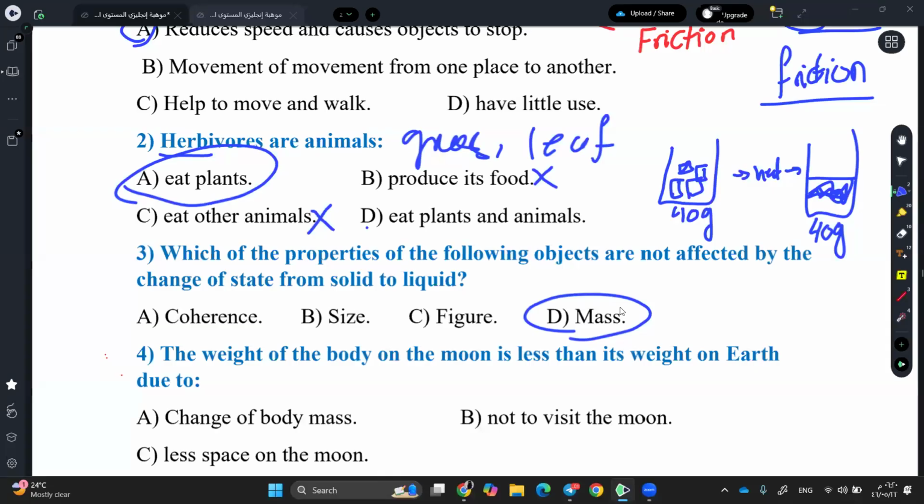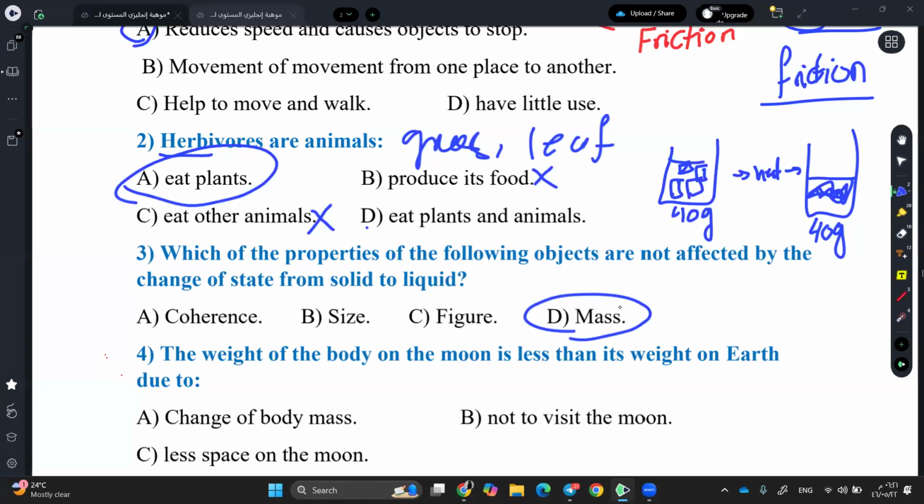Okay, Fatima. It says here, which of the properties of the following object is not affected by the change of state from solid to liquid? So from solid to liquid, let's say it's an ice, and here's a liquid, which is water.